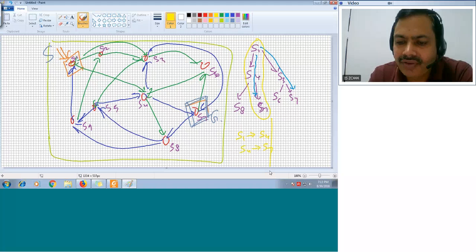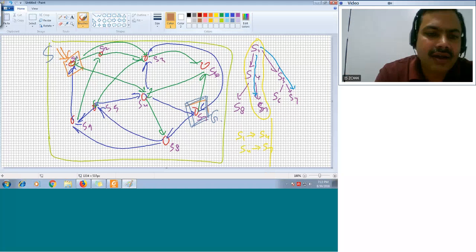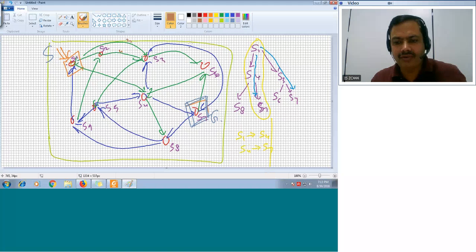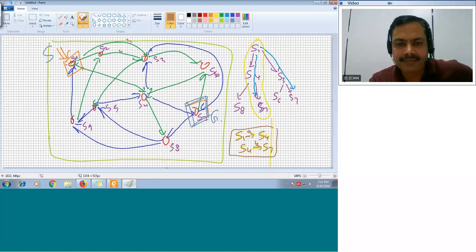But if I'm concerned about how good the answer is, then somebody has, let's assume, given some number also. I'm not going into the detail over here. I just want to explain that you have to find this kind of relationship that tells you that from S1 you go to S4, and from S4 you go to S7 by taking whatever action you specify. So this is your answer.